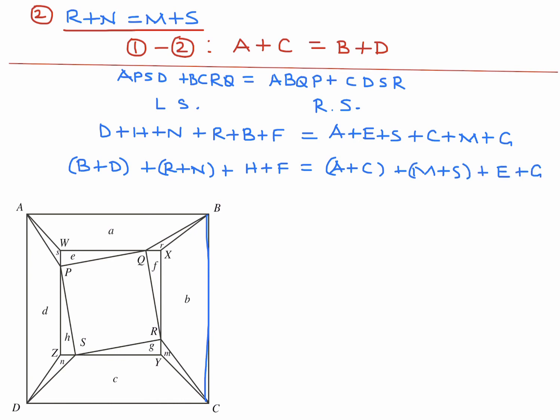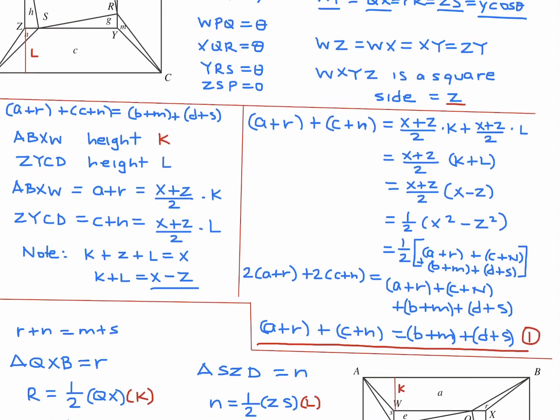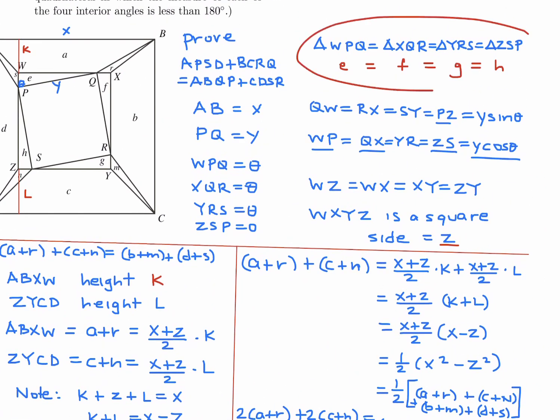Okay. Well, look at this. B plus D is equal to A plus C up here, right? So that means this and this is equal, so that is fine. R plus N is equal to M plus S. And now we've got this H, F, E, G. Well, we had proven earlier in the question that all of those are equal way up here.